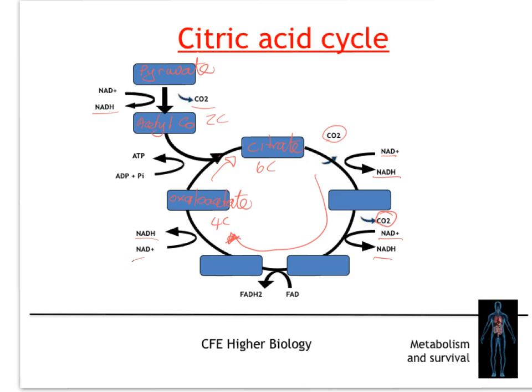NAD is one coenzyme, but you'll also notice there's another here called FAD, and it is reduced by the addition of electrons, or the addition of hydrogens, to form FADH2. And these coenzymes with their hydrogens, so NADH and FADH2, will be used in the next stage for ATP production.